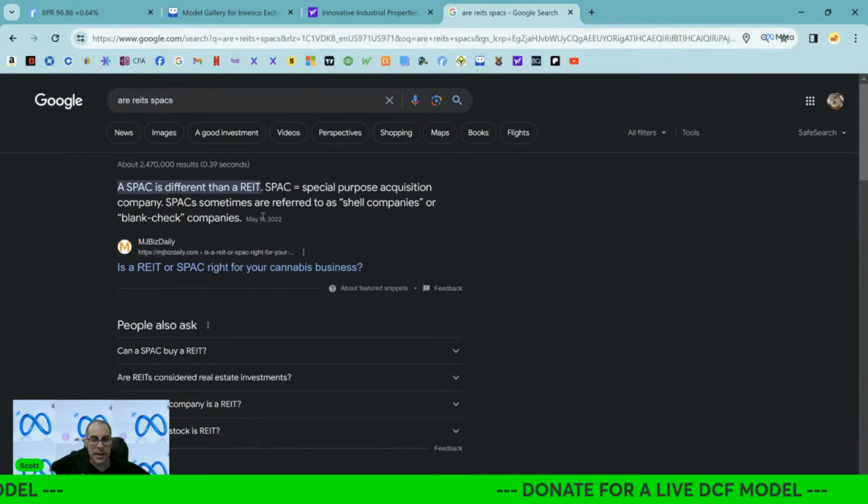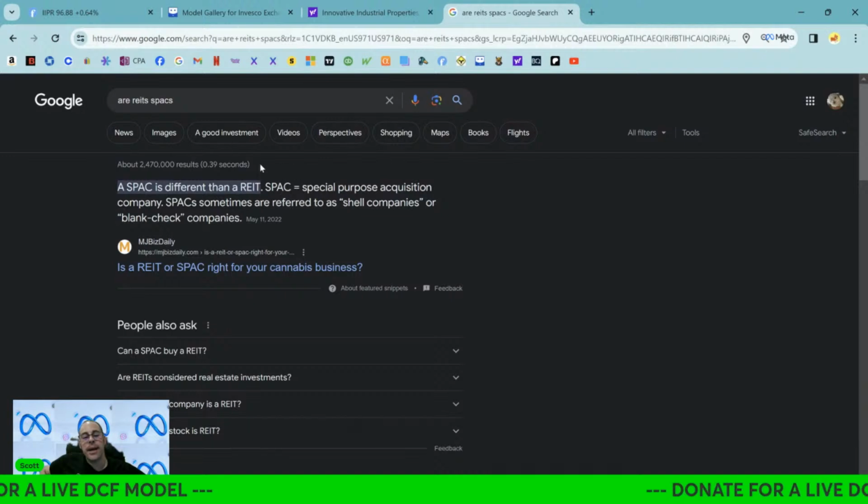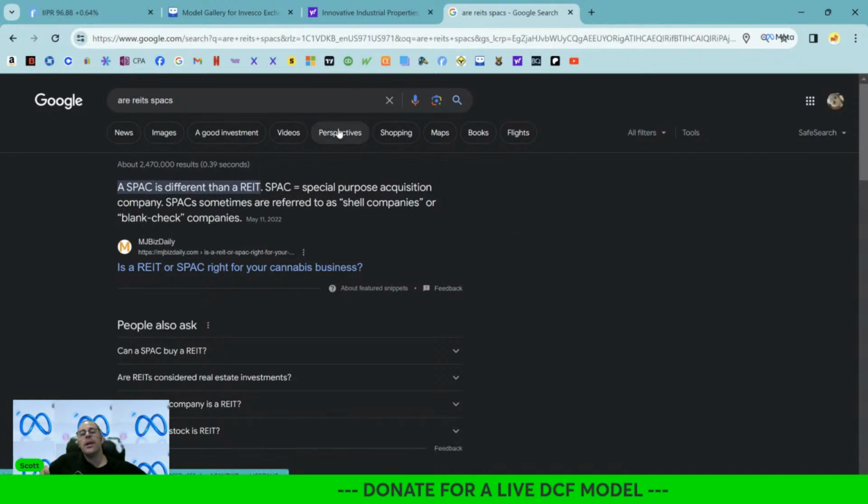A SPAC is different than a REIT. SPACs are sometimes referred to as shell companies. Well, I know they're different. I'm just wondering if a SPAC ever acquired a REIT. Because, well, no, actually, no.